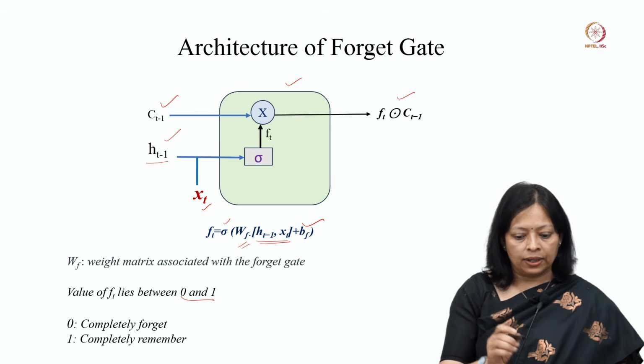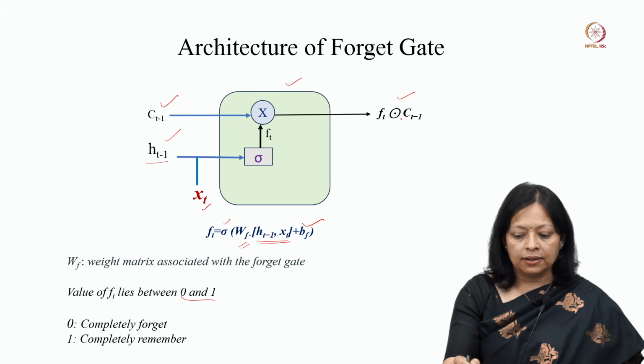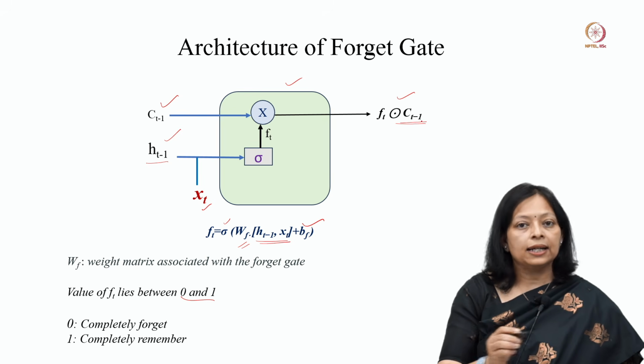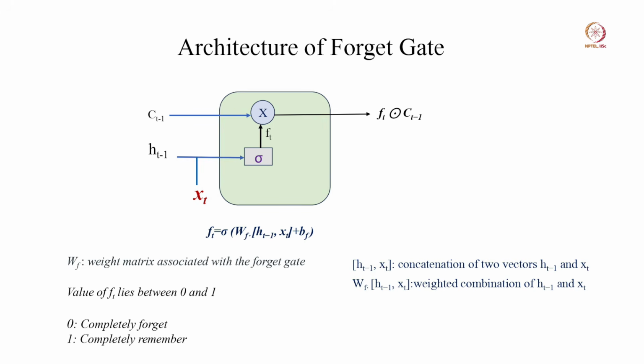When it is multiplied with Ct minus 1 element wise, some portion of the information that was in Ct minus 1, the irrelevant information, gets removed from the memory cell. So, we get Ft times Ct minus 1. So, this was the architecture of your forget gate.